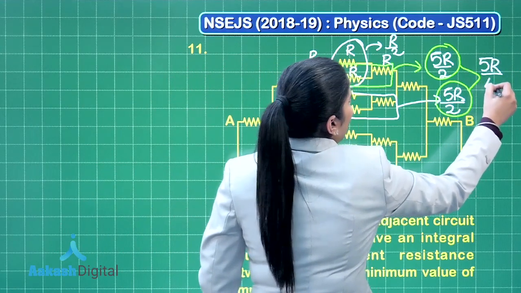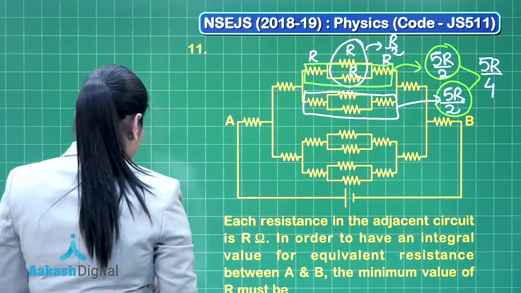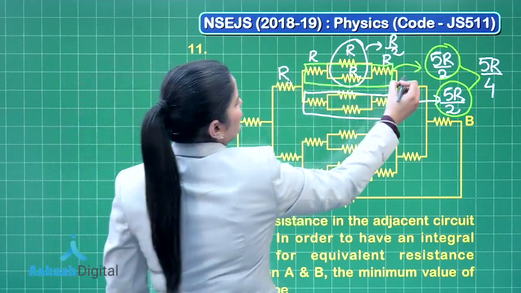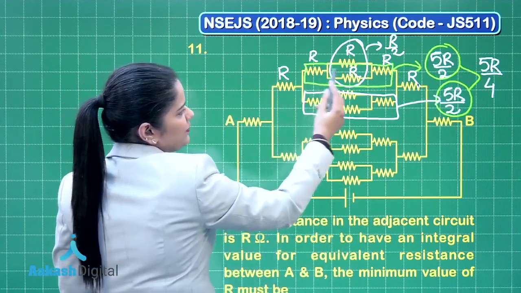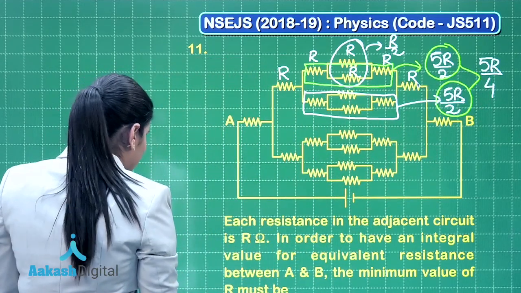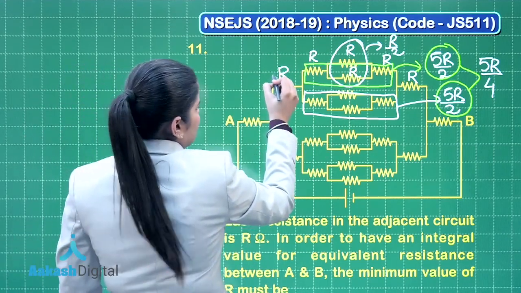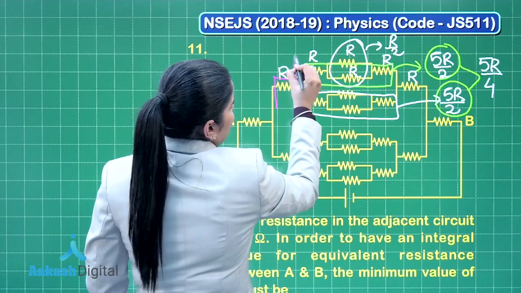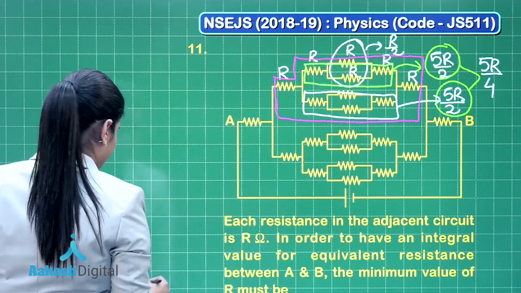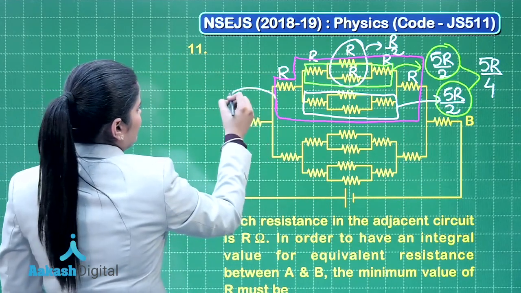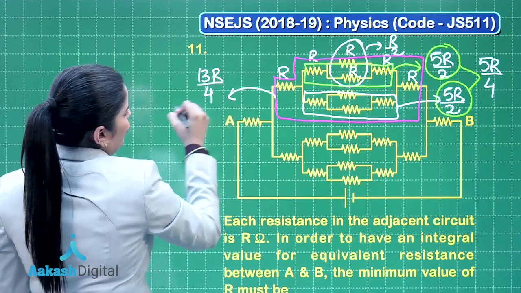Now, this 5R by 4 is in series with this R and this R. So, when you connect this 5R by 4 in series with R and R, you will get the equivalent resistance of this complete circuit as 13R by 4.